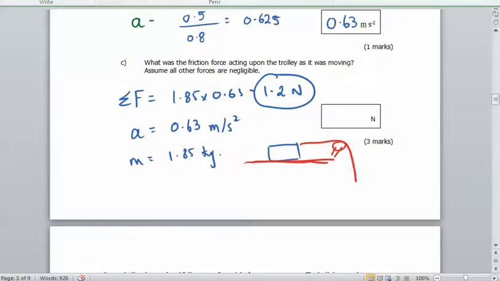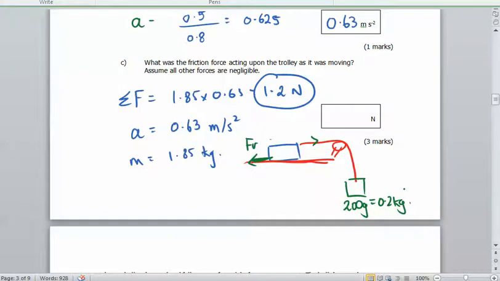But what's going to happen is, as this goes across and accelerates, there is going to be a friction force opposing the motion, like so. Which way is the net force? Well, we know that it's going to accelerate in this direction. So we've got a 200 gram mass, which is 0.2 kilograms, going in this direction.